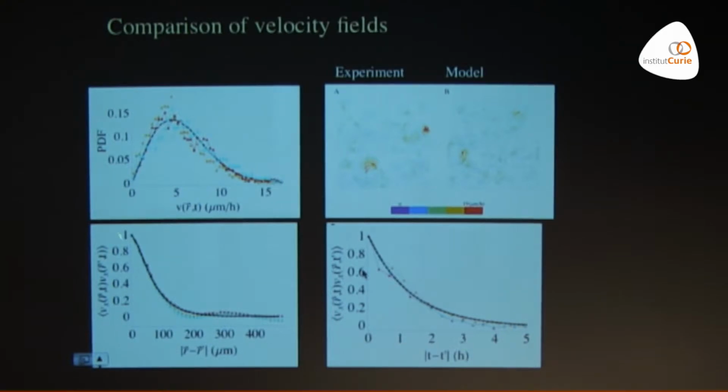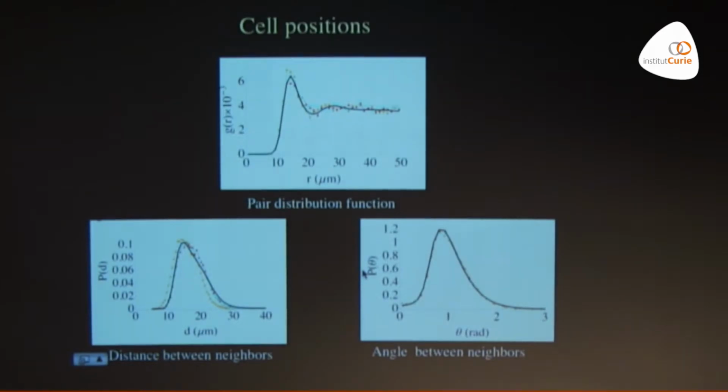Here it's the velocity correlation at equal time. So again, it's quite similar. The velocity correlation at two times decays basically the same in the model and in the experiment. So this simple model is able to describe, at least in a statistical fashion, what you see in the experiment.